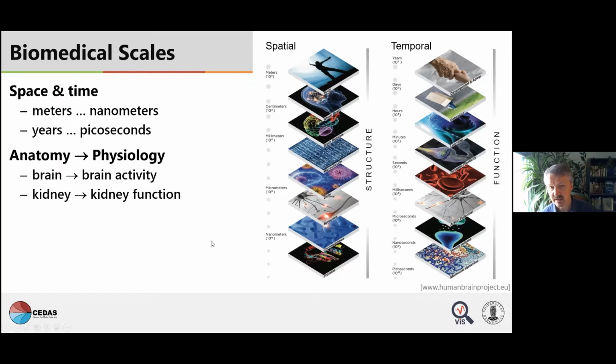And that creates a wide range of scales, say from meters down to nanometers maybe, and from years, when we think about a whole life, down to even nanoseconds, picoseconds, when we talk about interactions between atoms.